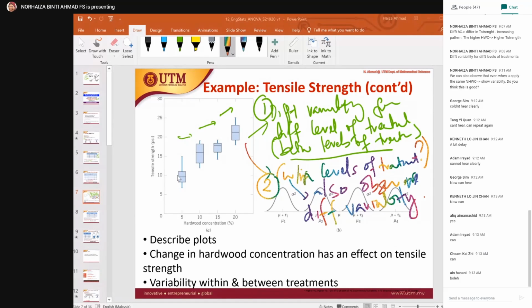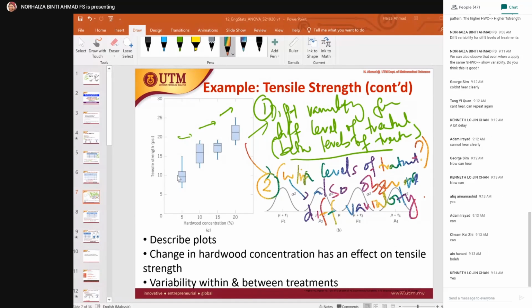Betul ke? Kan? Okay. So, if this is the case, that means if you apply the same thing to your experiment, you expect less variability. Tapi macam ini, contohnya for 5% hardwood concentration, you can see there's like positively skewed here. That means observation tu is more concentrated here, but there are observation that lies up here and down here.